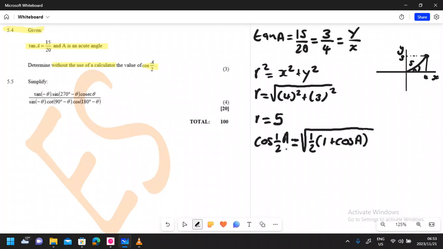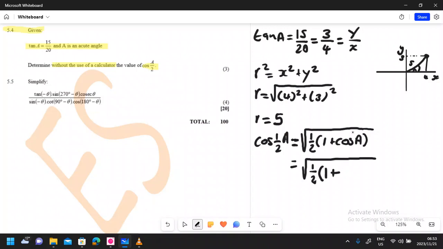Now basically this is a half angle for cos. So what you need to do here is just substitute here. So let's do it. Now inside the bracket here we have 1 over 2, open bracket, then 1 plus.